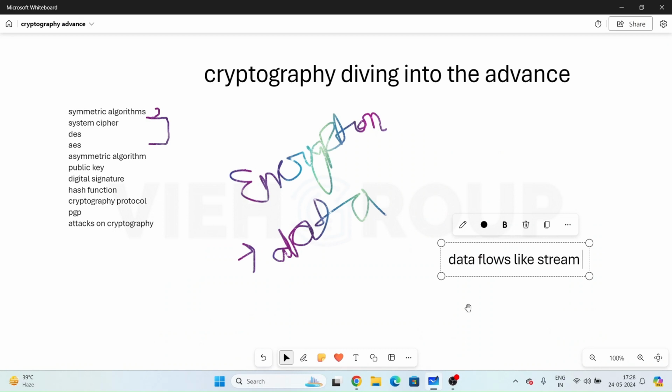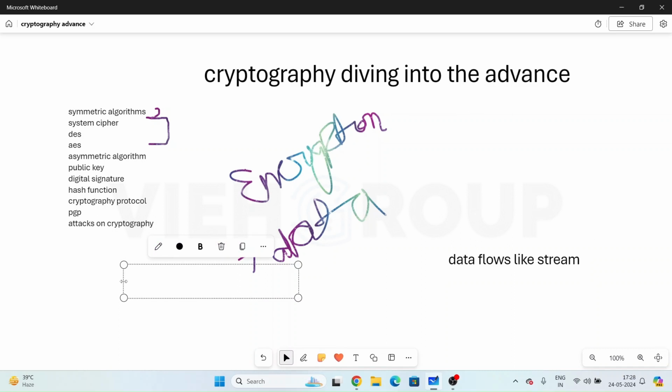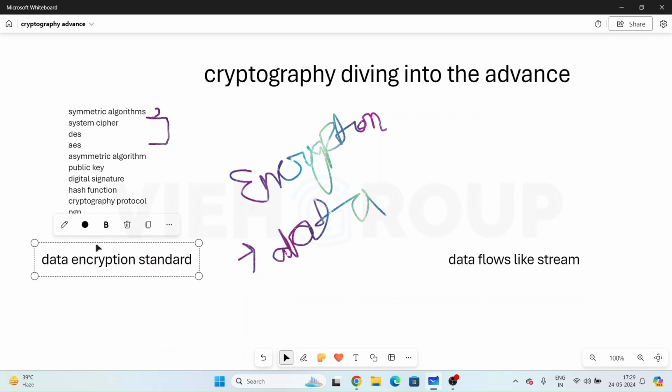Now let's jump into DES. What is DES? The Data Encryption Standard. I'm going to write here the full form so you can understand. Data Encryption Standard.